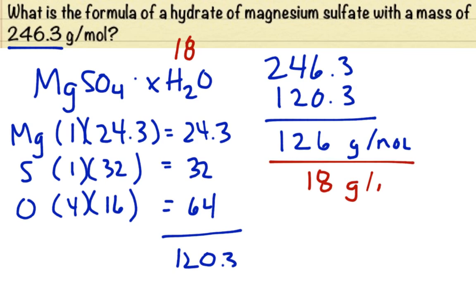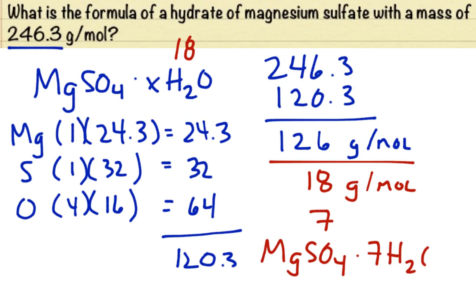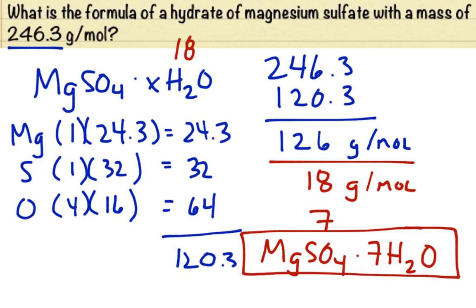We could find out just how many moles of water are in there. 126 divided by 18 gives us 7 for our answer. What that means is our overall formula is MgSO4·7H2O. Magnesium sulfate heptahydrate.